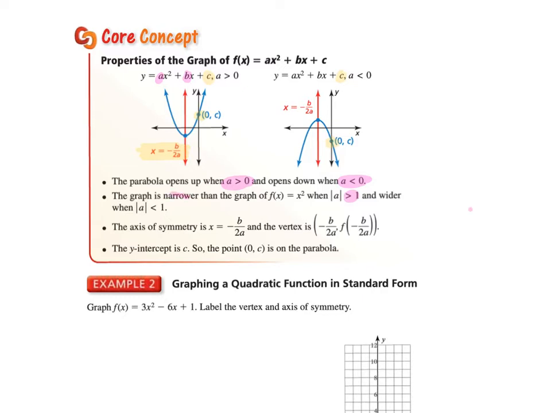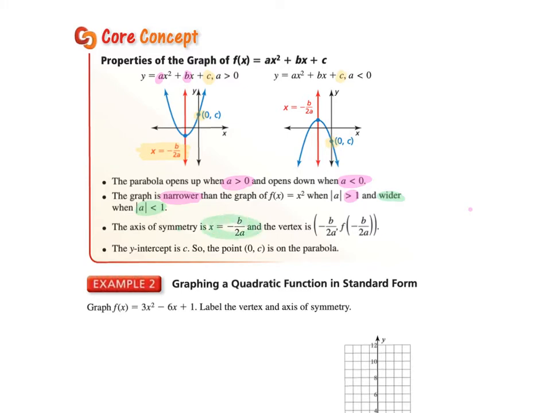That is a vertical stretch. If the absolute value of a is less than 1, between 0 and 1, that is a vertical shrink, which means the graph is wider. So you can kind of keep that in mind.